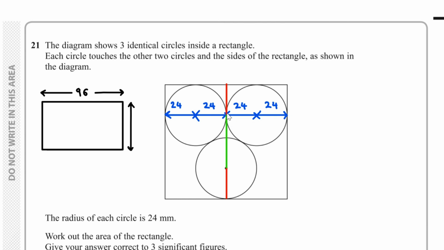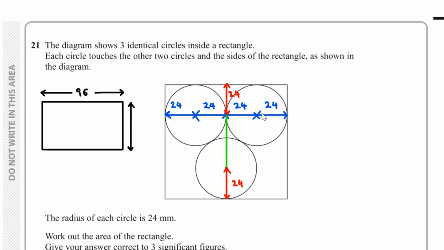So we've got here 24. Here we've also got 24. We don't know this height over here. But if we think about it, we can actually work that out.